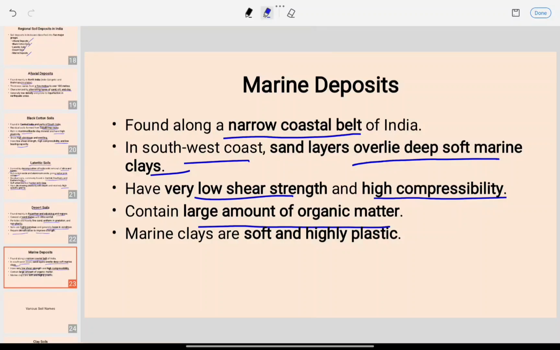Marine clays are usually soft and highly plastic, meaning they can undergo large deformation under load. So marine deposits are weak coastal soils that require special geotechnical consideration in engineering projects.